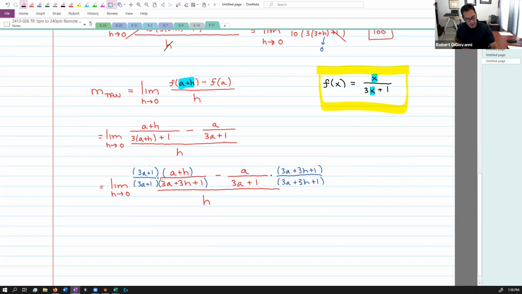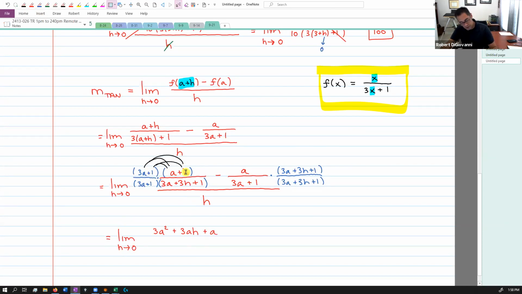All right, now I'm going to multiply this out with the little FOIL there. That first multiplication, 3a times a gives me 3a squared. Then 3a times h is 3ah. And then 1 times a is a.